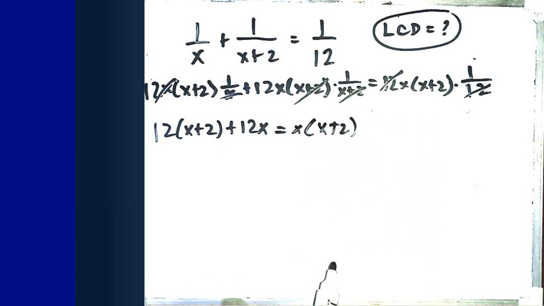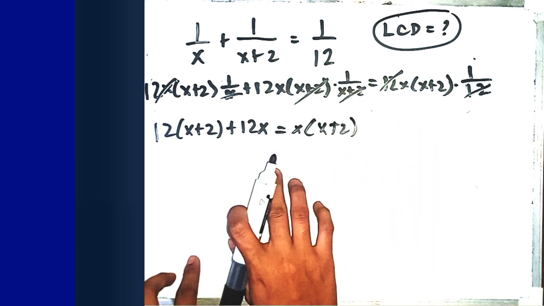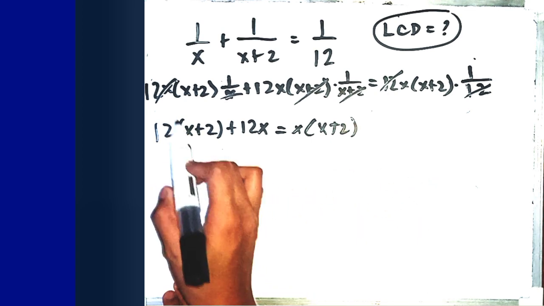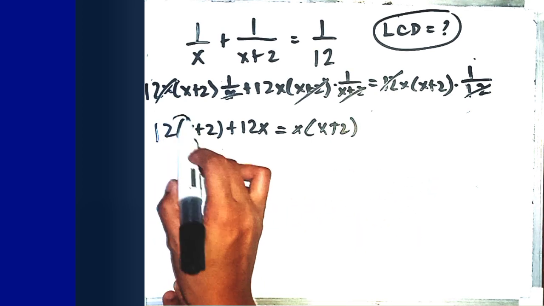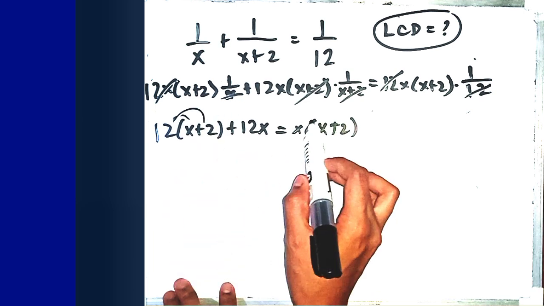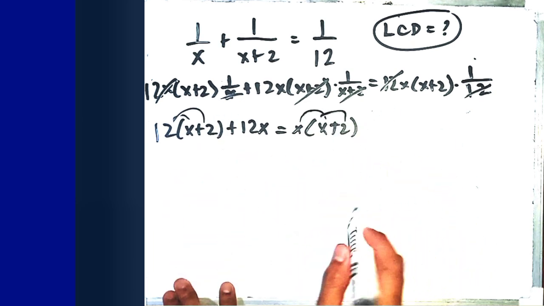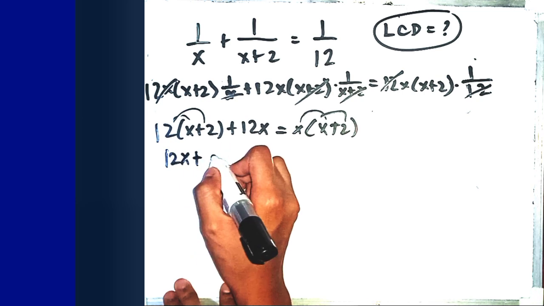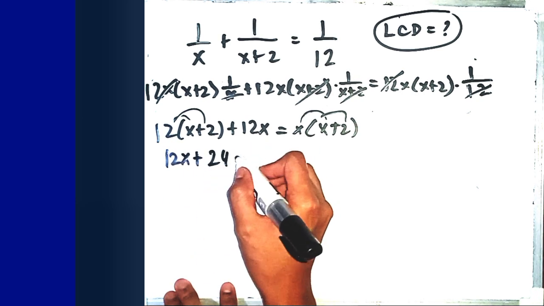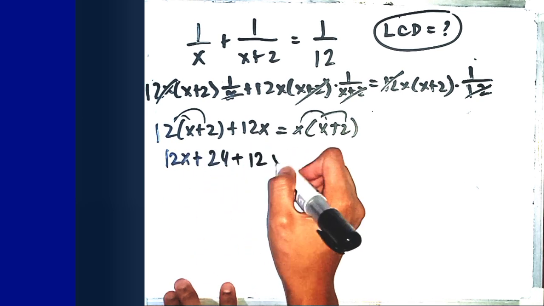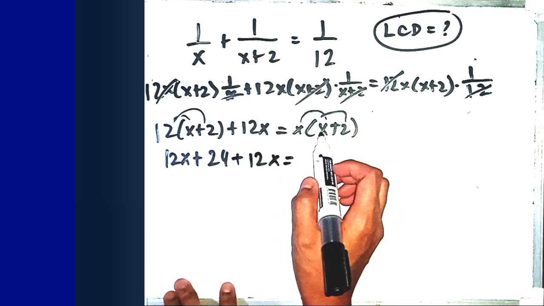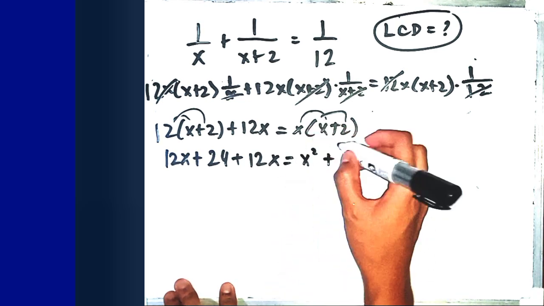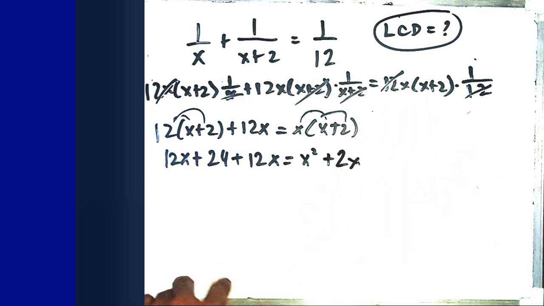Okay, so now we will be distributing the 12 to x plus 2 and x to x plus 2. Okay, so 12x plus 24 plus 12x is equal to x squared plus 2x.